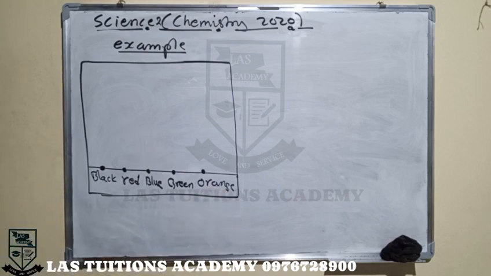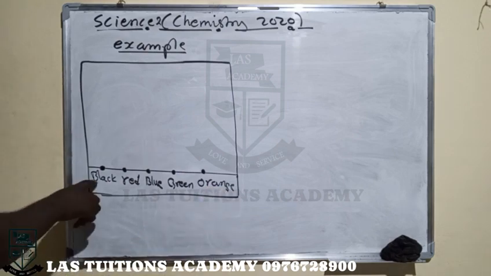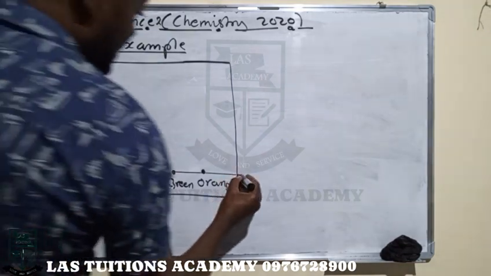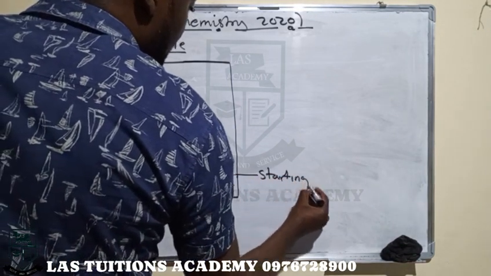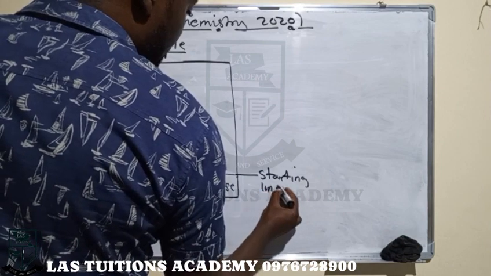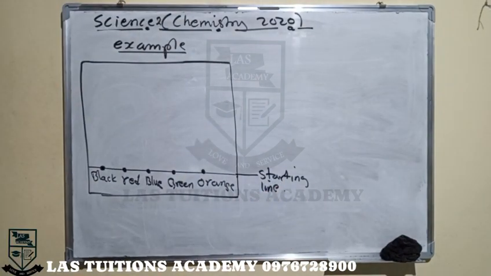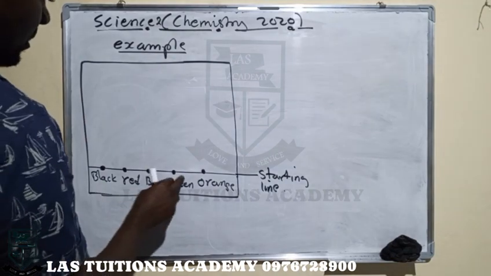Those are colors. We have black. So this is our starting line. Very important, and it always has to be drawn with a pencil. So starting line there, and then we have these colors now: black, red, blue, green, and orange.